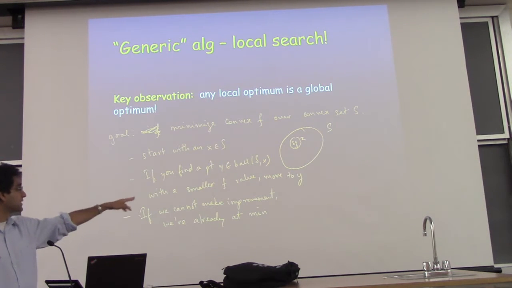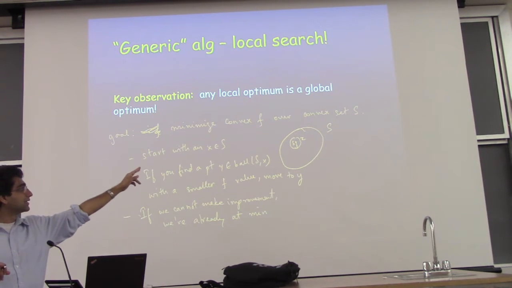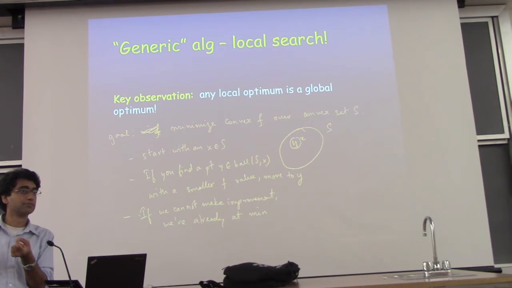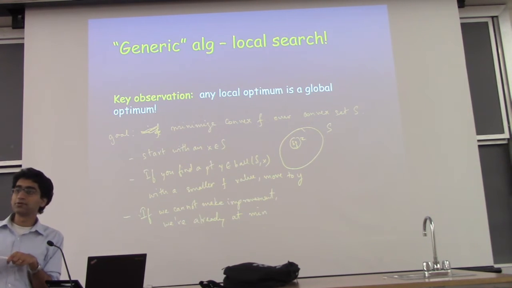To be formal, you've got to say that if you cannot make an improvement, then the optimum point lies in a delta radius ball around your x. Okay. So that's the formal claim.